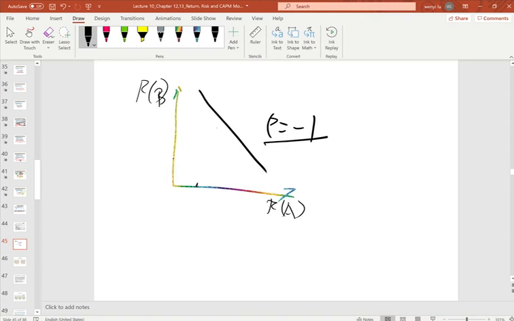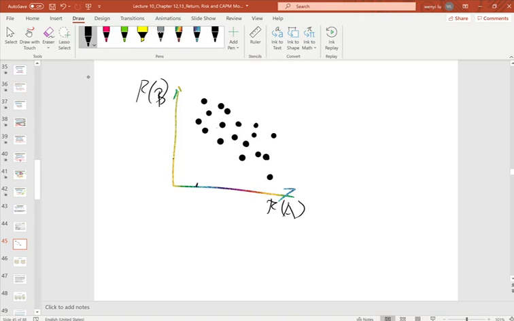But this is for the perfect case. Sometimes they still show this trend, but it's not perfect, for example like this way. From the whole pattern, we can tell that when A's return is decreasing, B's return will be moving up.